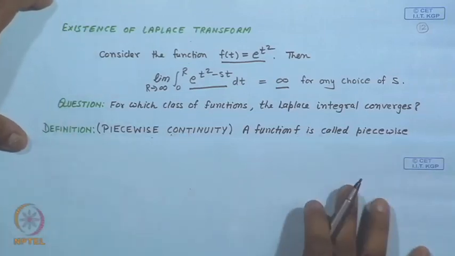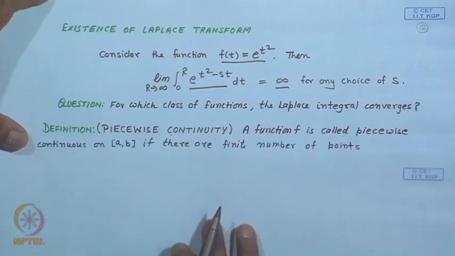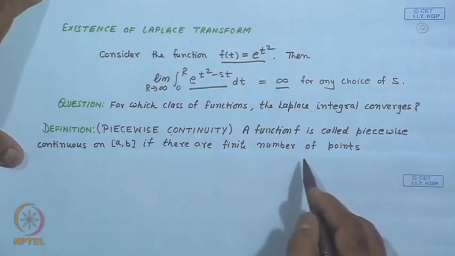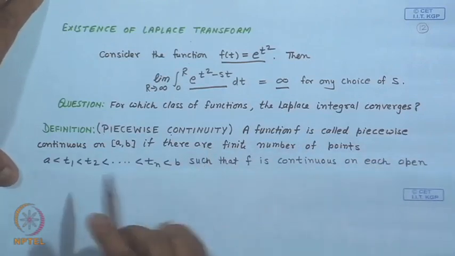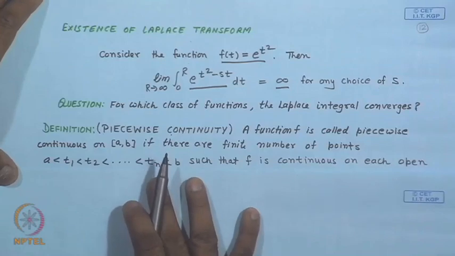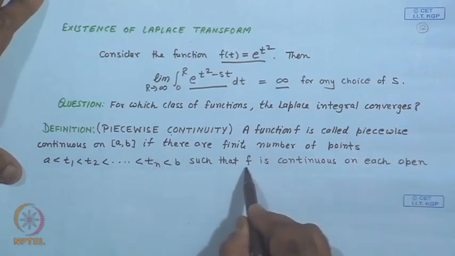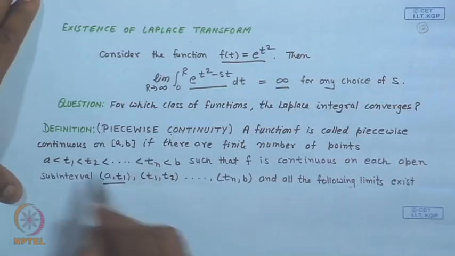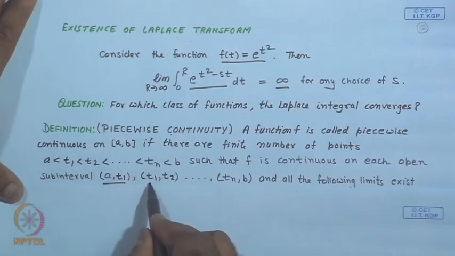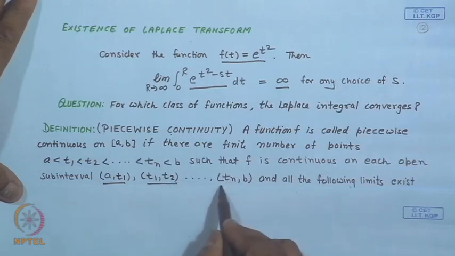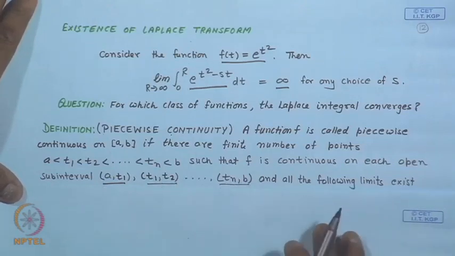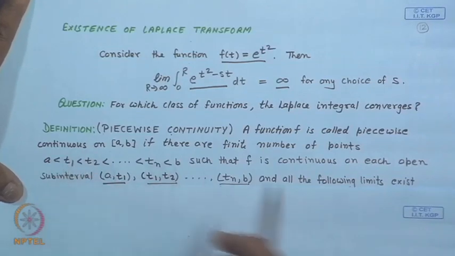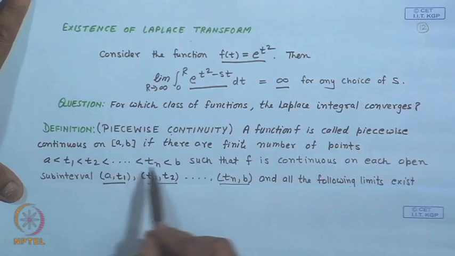So, a function f is called piecewise continuous on a closed interval a b if there are a finite number of points t 1, t 2, up to t n such that the function is continuous on each open subinterval. So, from a to t 1 the function is continuous, t 1 to t 2 it is continuous, t n to b it is continuous. So, the function is basically continuous everywhere other than these points t 1, t 2, up to t n.